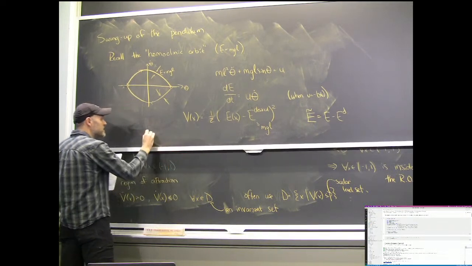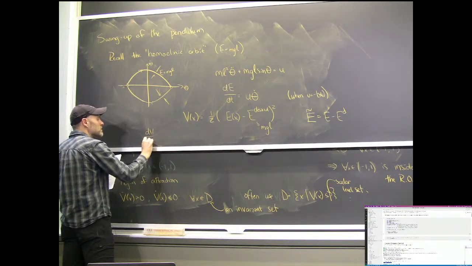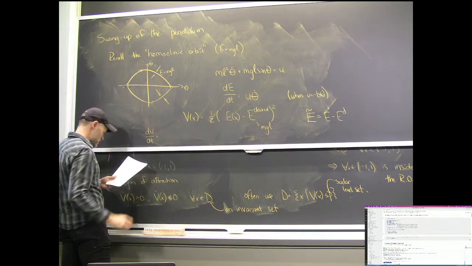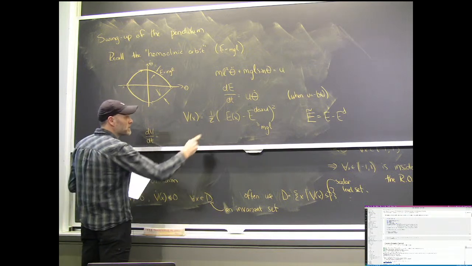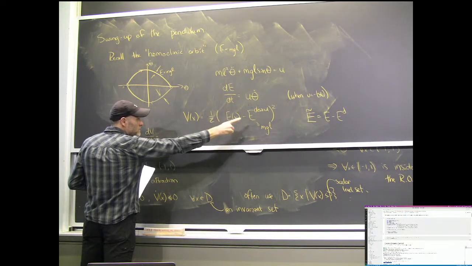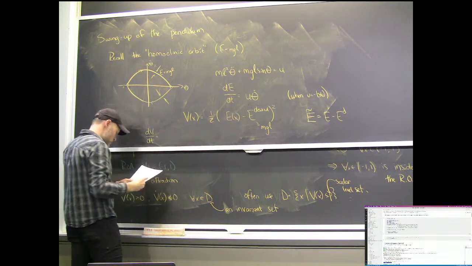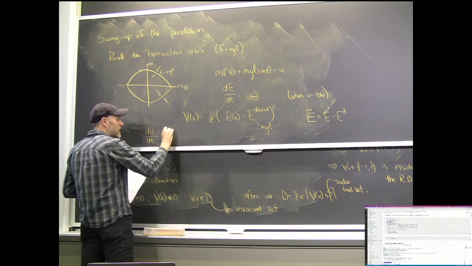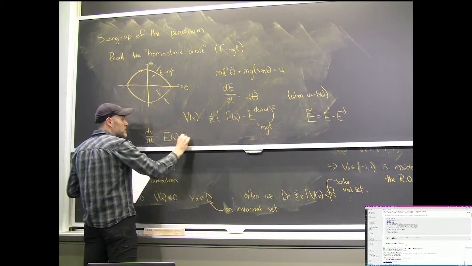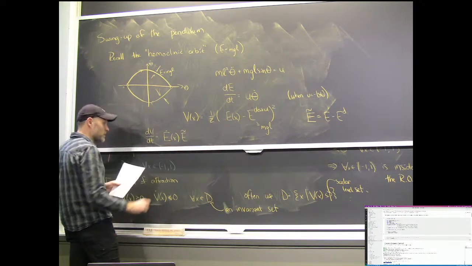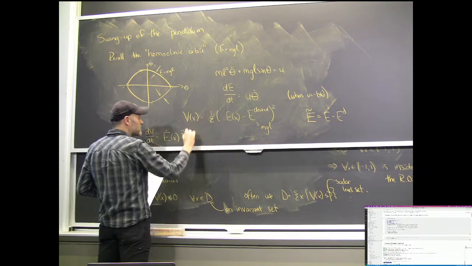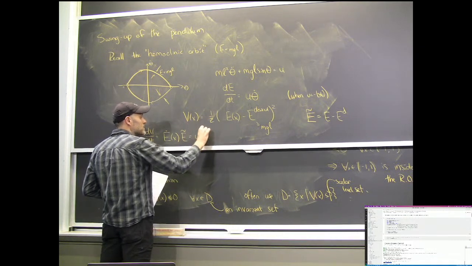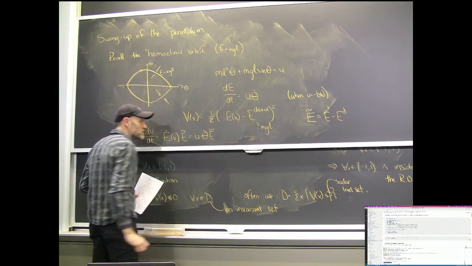Then dV dt is going to look like, if I take 2 times E tilde, it's going to look like E dot of x times E tilde. And E dot of x is just U theta dot E tilde.